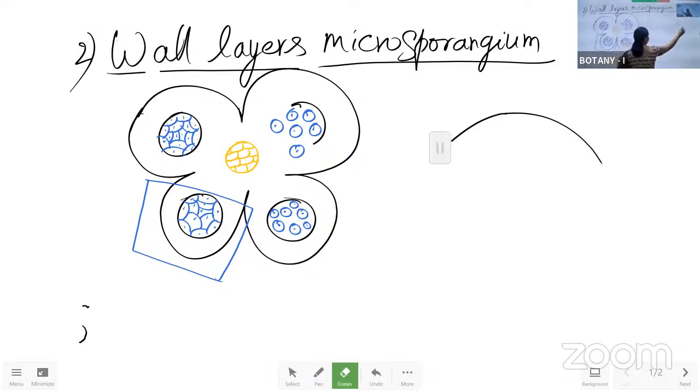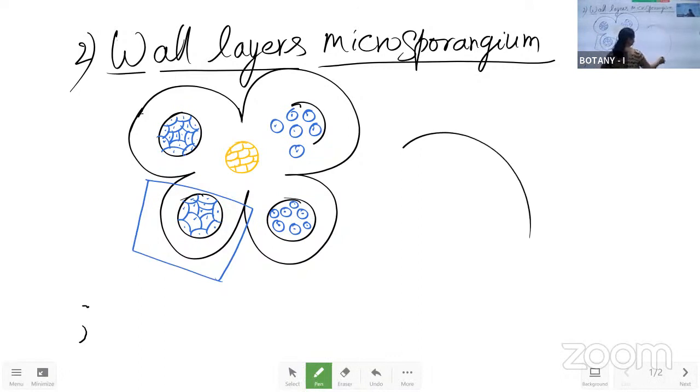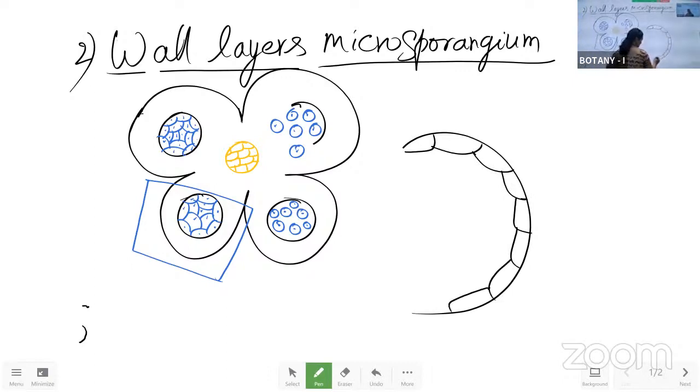Anyway, whatever you feel free, we can draw. Okay. Now the microsporangium wall layers are 4 in number. That means the microsporangium is having 4 different wall layers.